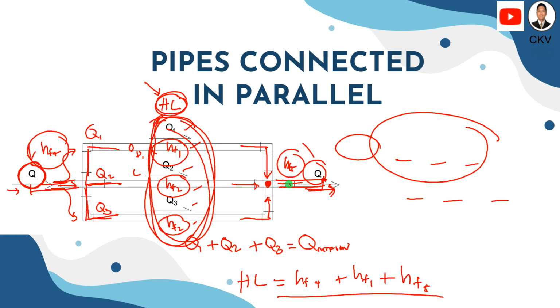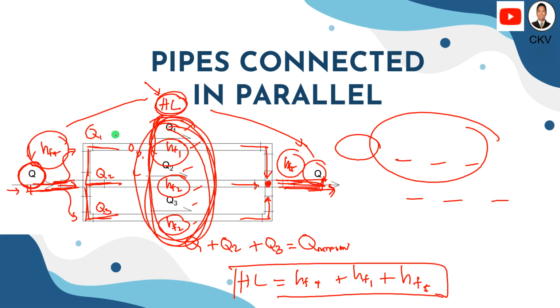Okay, so if there are additional pipes on the inflow and outflow, we can simply take this as a series of pipes again. You take the parallel pipes as a whole, as one pipe, and when you determine the total head loss, just add the three. This one, this one, this one.